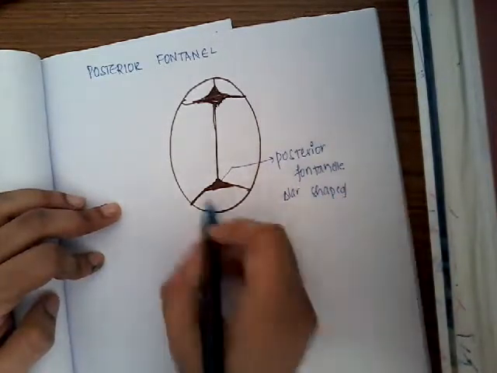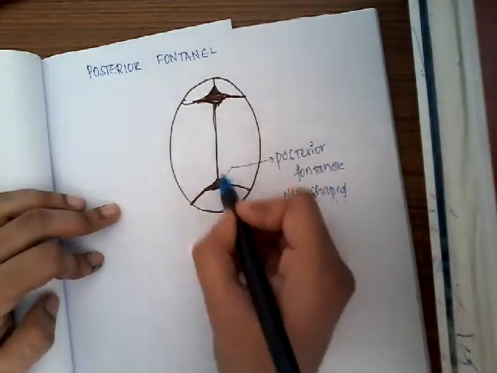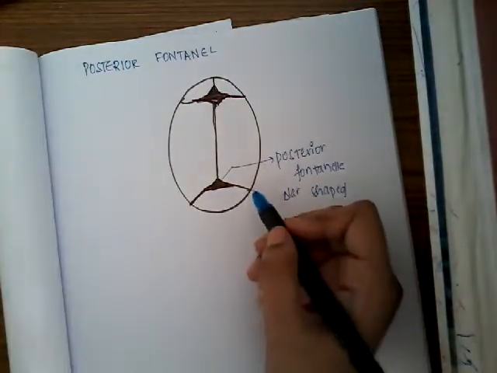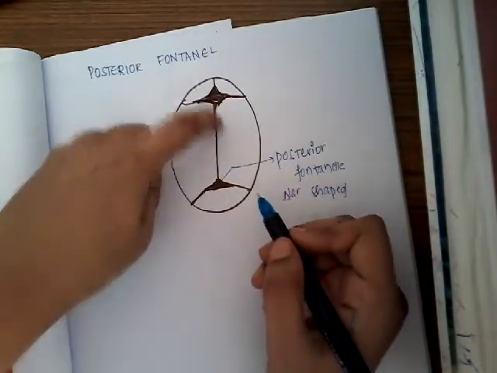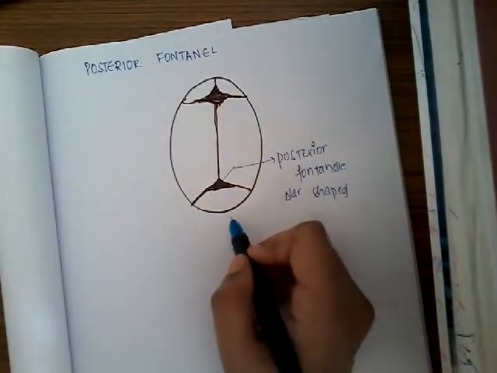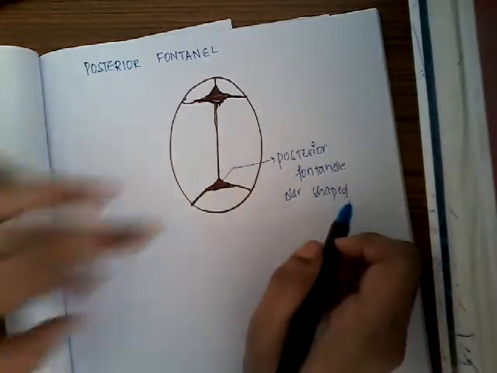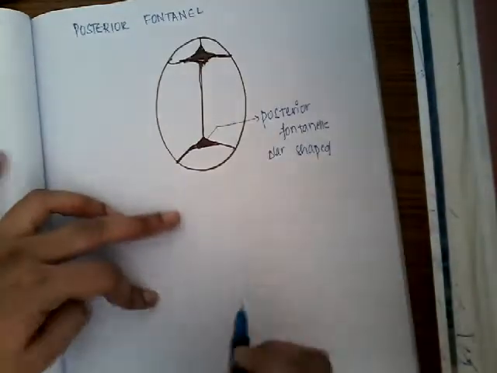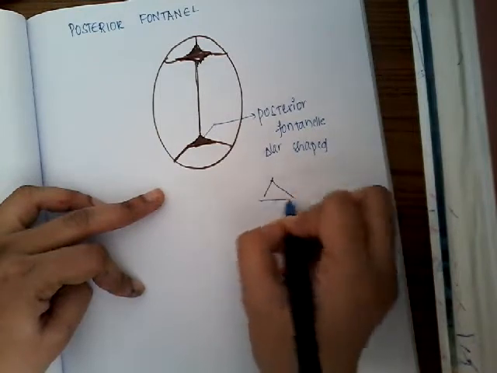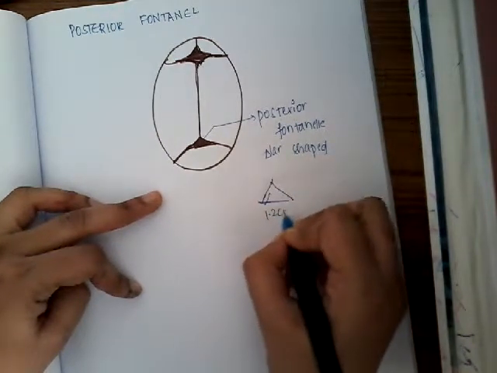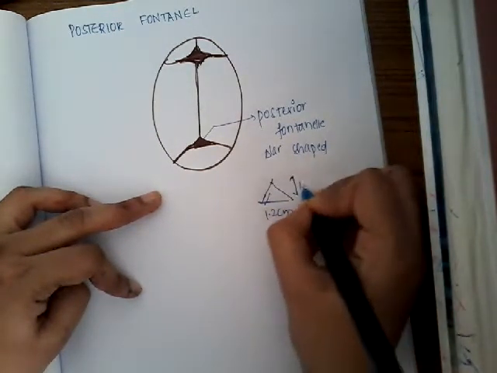It is formed by only 3 sutures: one sagittal suture anteriorly, and on either side a lambdoid suture. If you see the dimensions, it is about 1.2 centimeters by 1.2 centimeters.